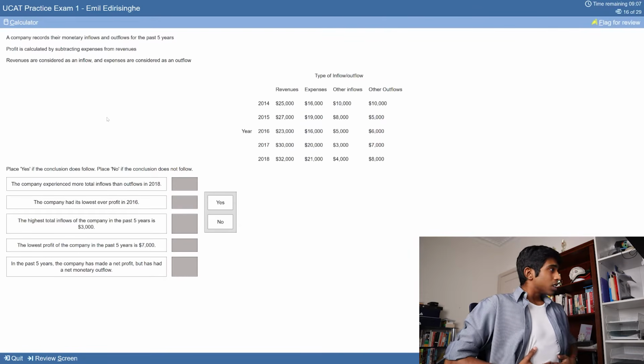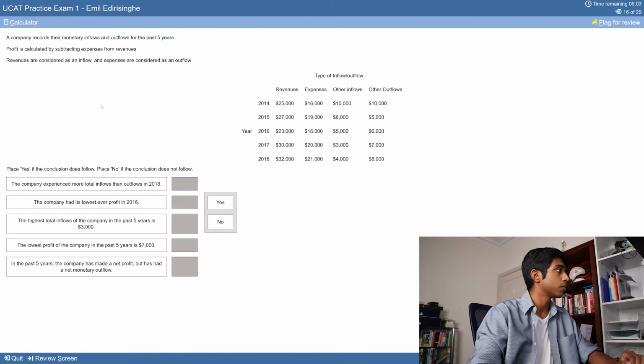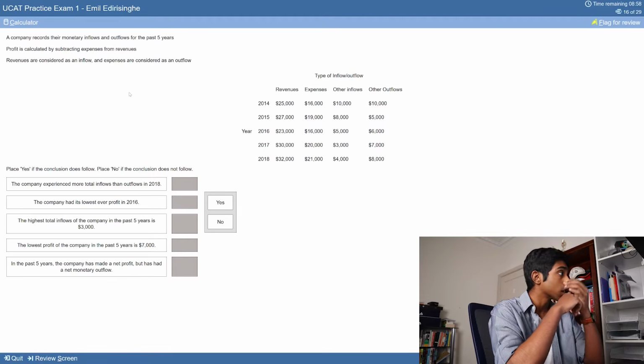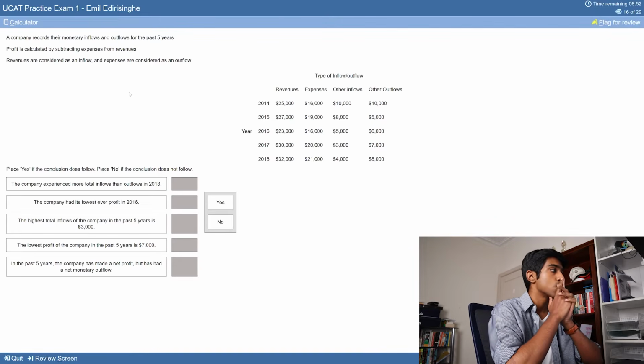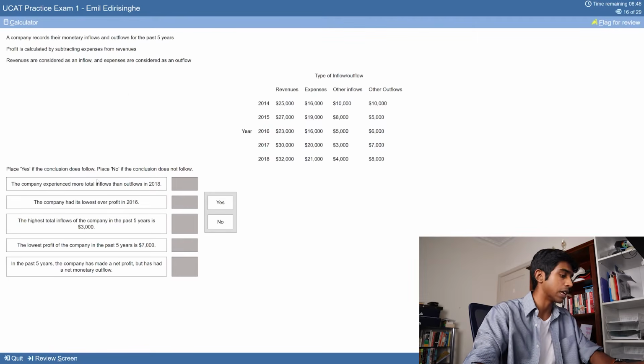Okay. A company records their monetary inflows and outflows over the past 5 years. Profit is calculated by subtracting expenses from net revenues. Revenues are considered an inflow, and expenses are considered an outflow. More total inflows than outflows in 2018.